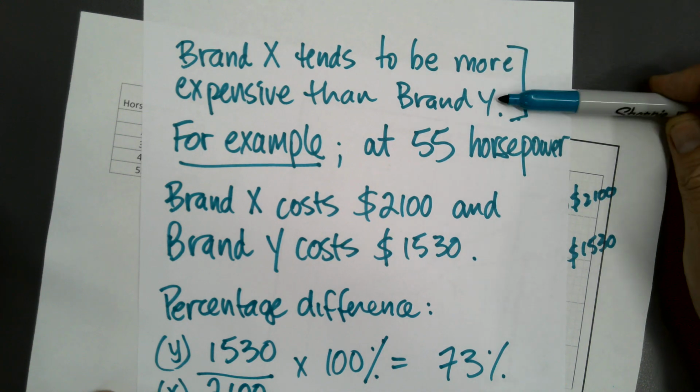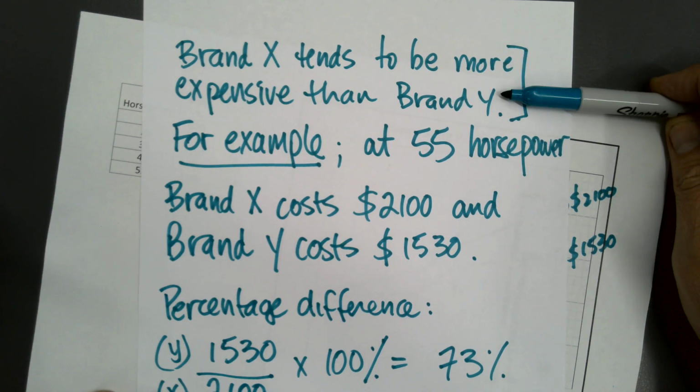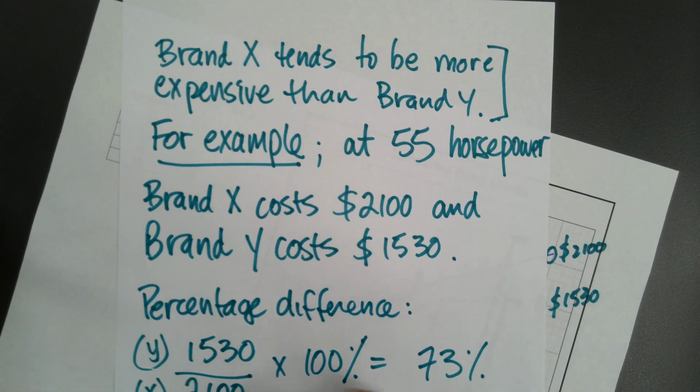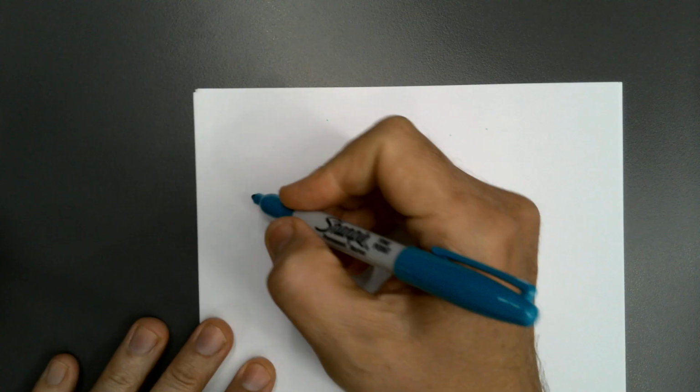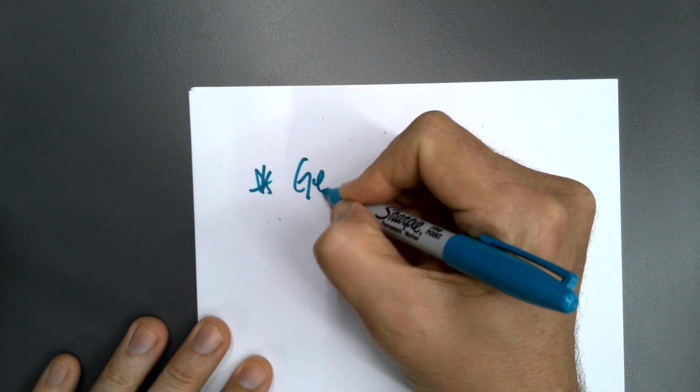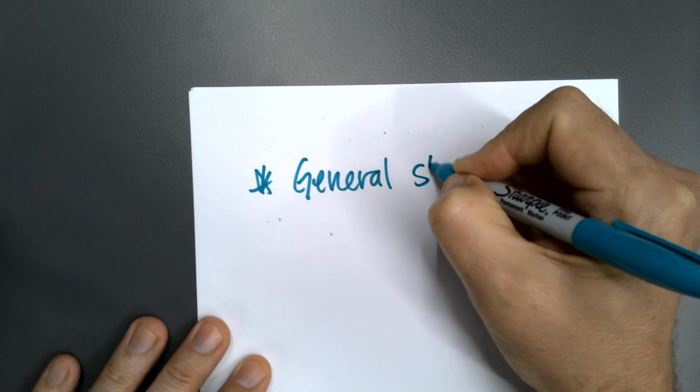A general sentence, one sentence that's a general sentence. Actually, let me just spell this out for you here. First thing you do, a general sentence, a general statement.